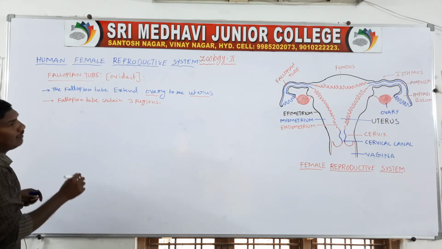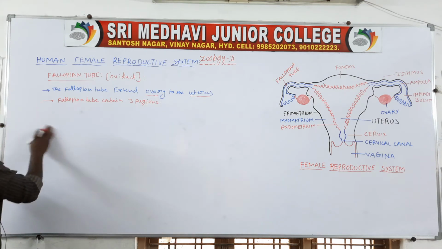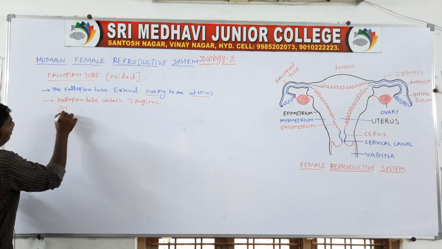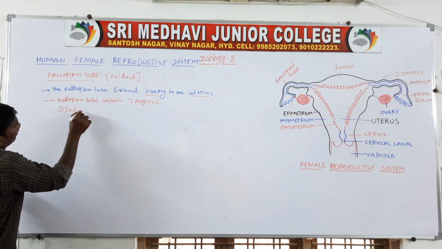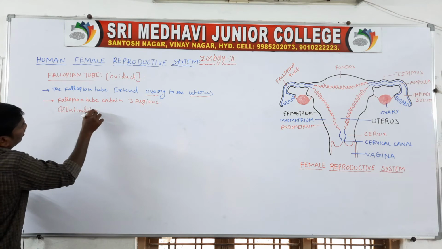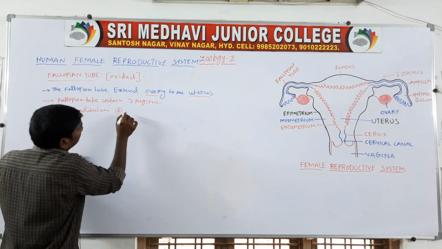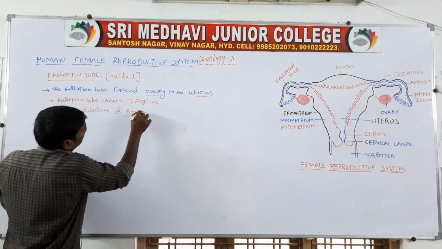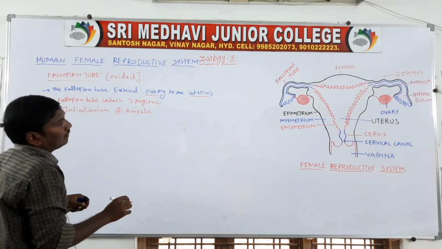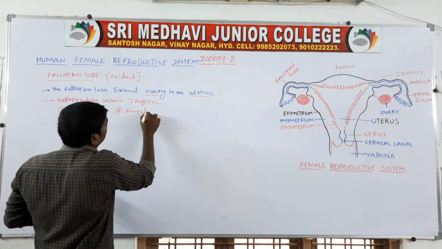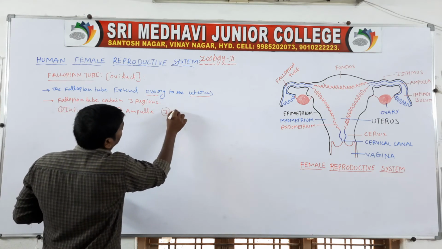First one, infundibulum. Second one, ampulla. Third one, isthmus.